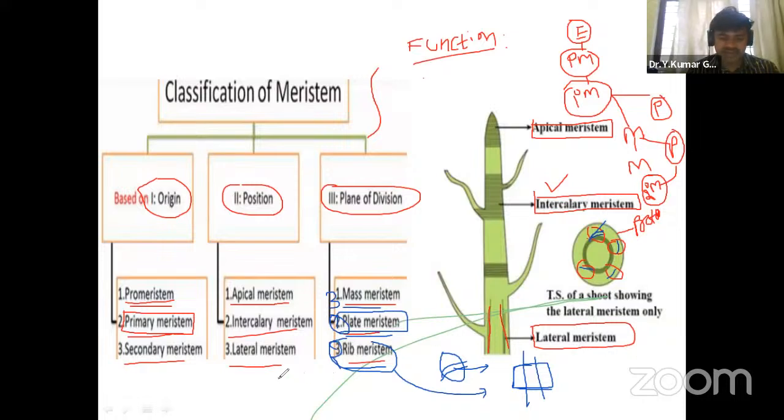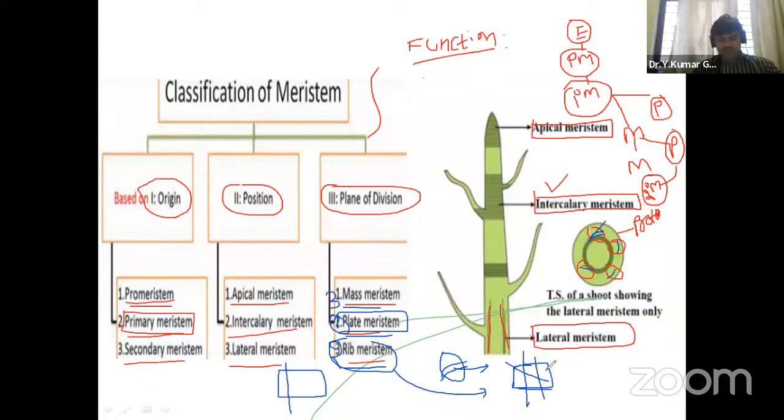In plate division, what happens? It increases the bounding surface area without increasing the number of layers.